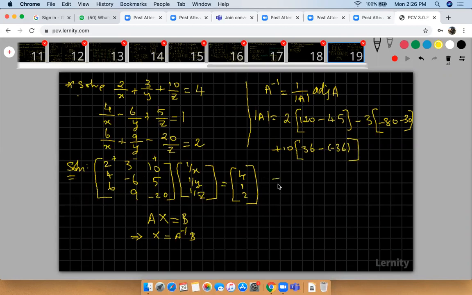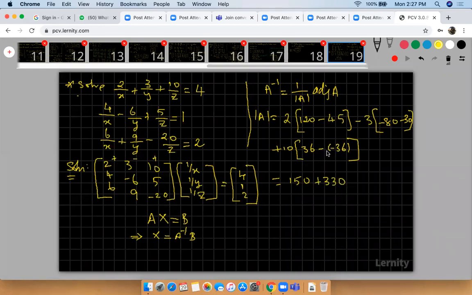We have discussed many problems of finding determinants. So here 120 minus 45 is 75. 2 into 75 is 150. This is minus 110, minus into minus is plus, 110 into 3 is 330.